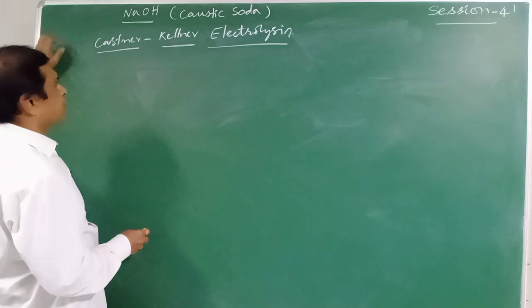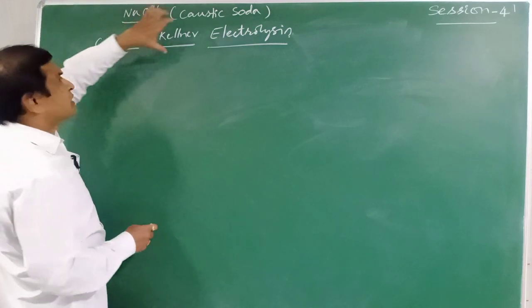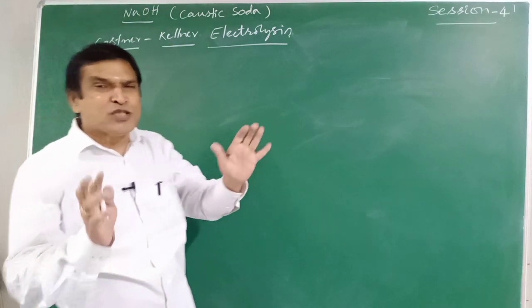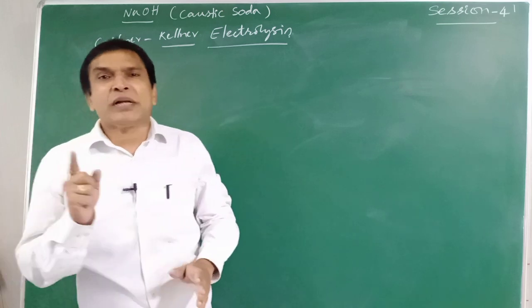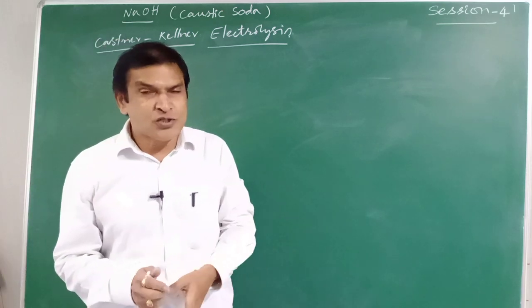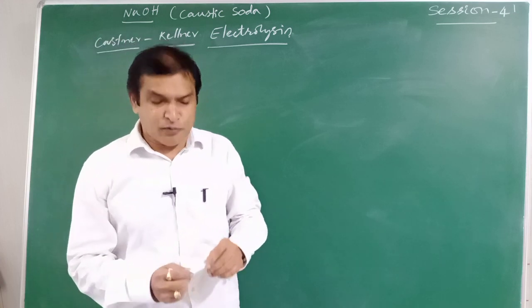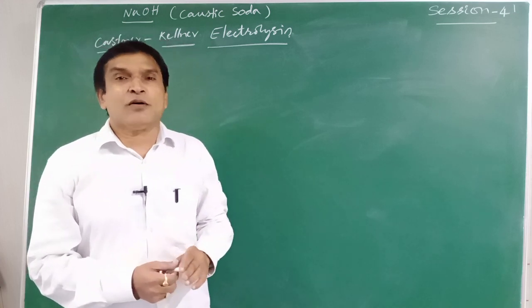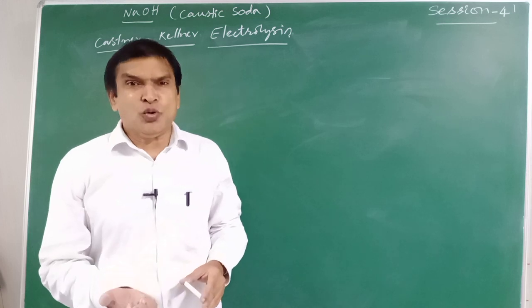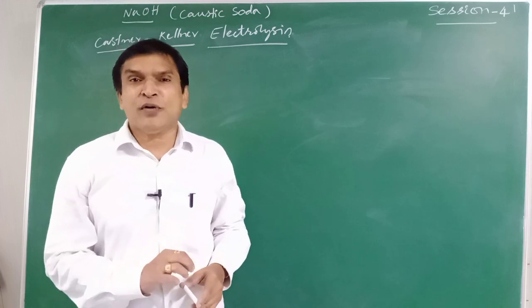Now, in the Kastner-Kellner electrolysis process, I will explain the central idea. Brine solution is electrolyzed in the presence of a mercury cathode and graphite anodes.